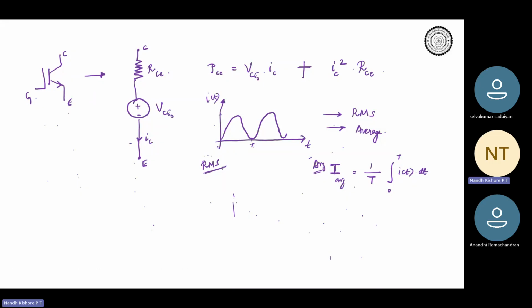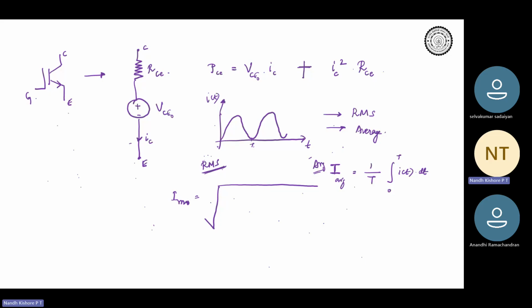What about RMS? Can you tell me how I RMS is going to look like? Root mean square. So root is there, let us draw a huge root.